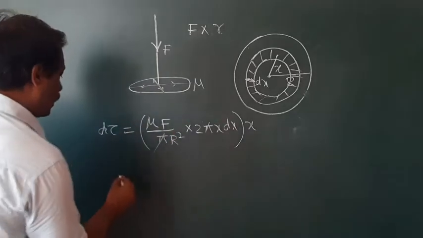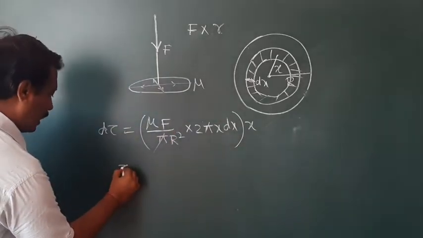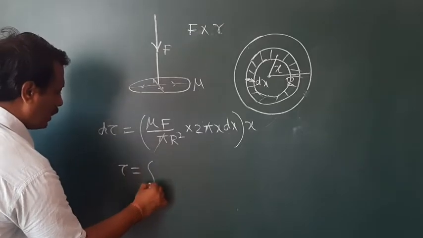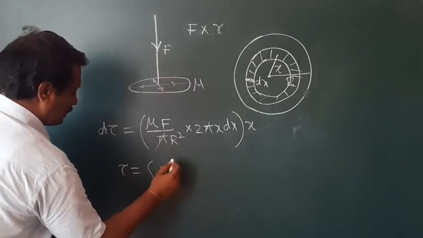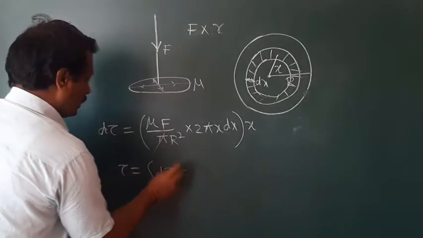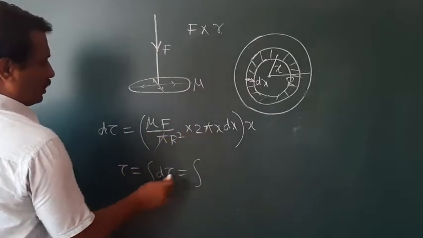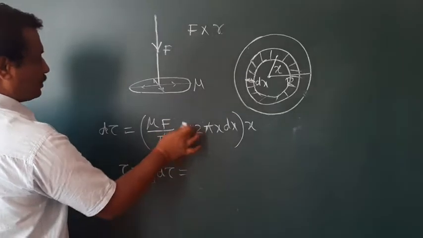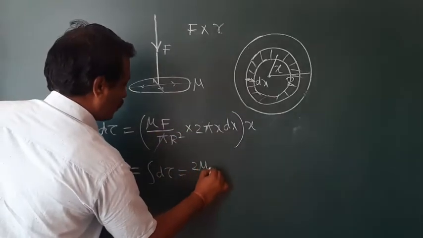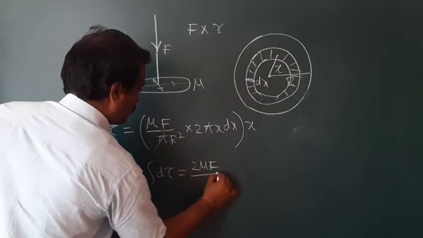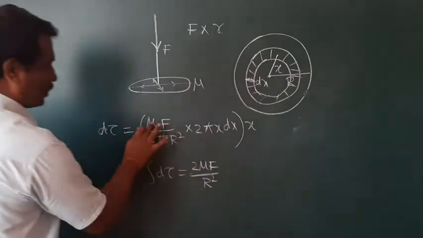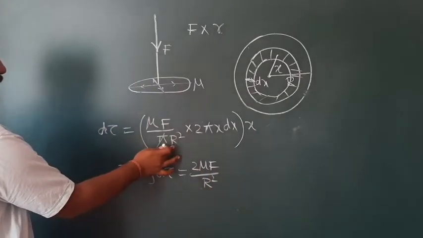Now what is the torque acting on the entire mop? That can be obtained by integrating this. So integration of this means integration of this term. So here first we will write the constant terms. 2 mu f by r square is a constant term here. 2 mu f by r square.